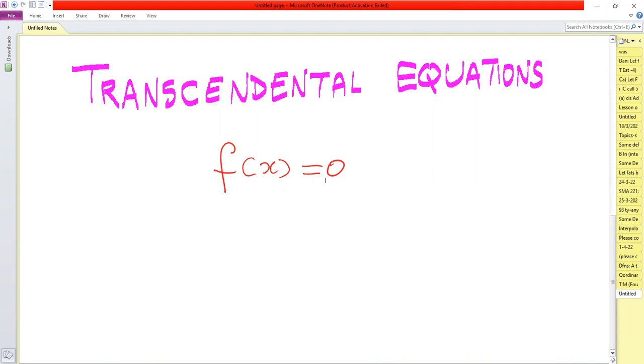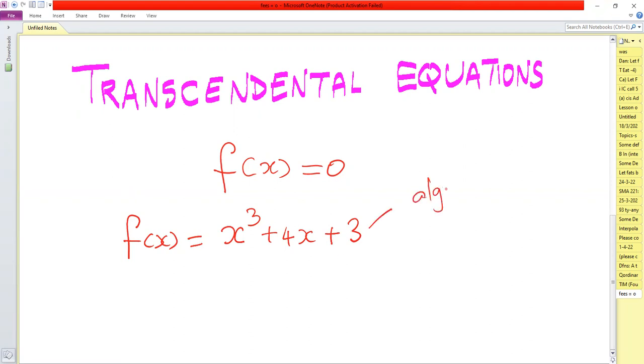So for instance, if I have f of x given by x power 3 plus 4x plus 3, this is an example of an algebraic function.